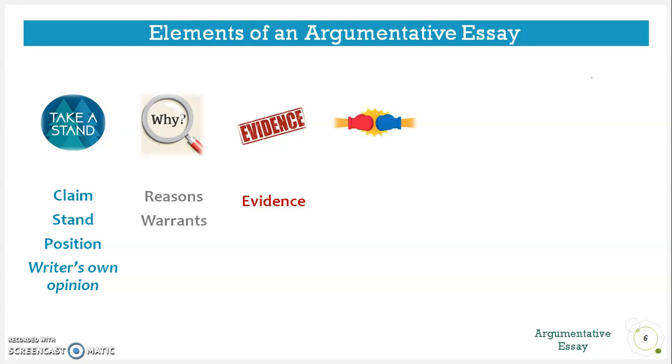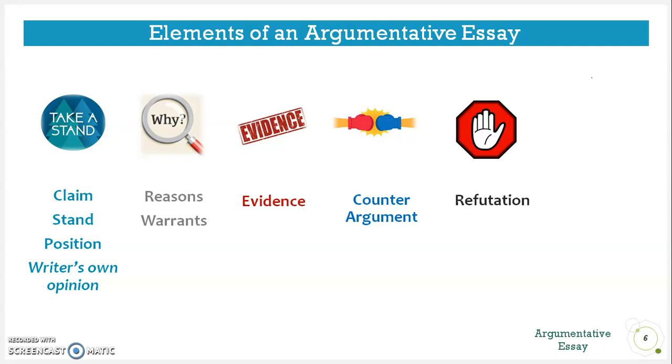Then we have, as I said, the paragraph that includes a counter-argument and a refutation. A counter-argument is an opposing point of view, the point of view that is opposite to your own. Then it is followed by the refutation, and the refutation is a kind of a reply to the counter-argument. It is your opinion again, replying to those who have a different opinion from yours. And in the conclusion, we have the call for action.